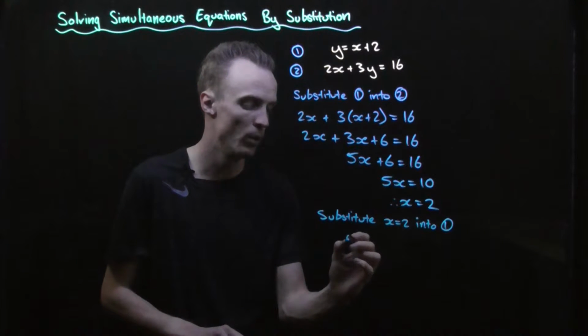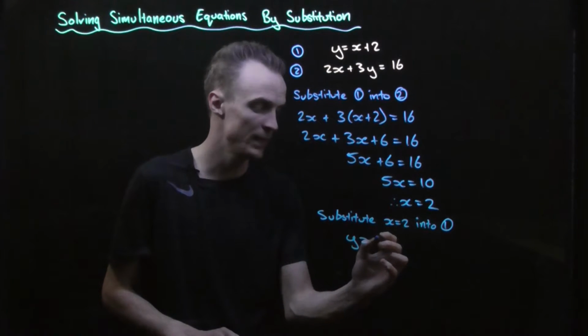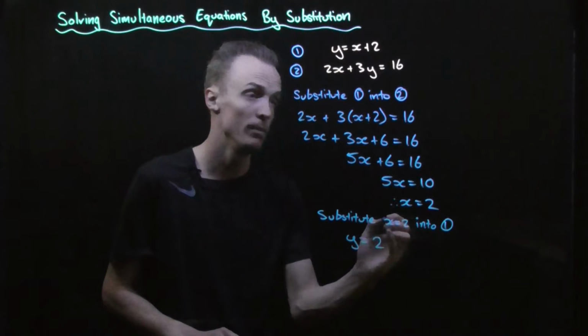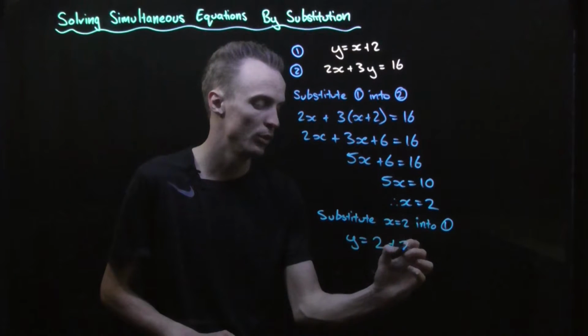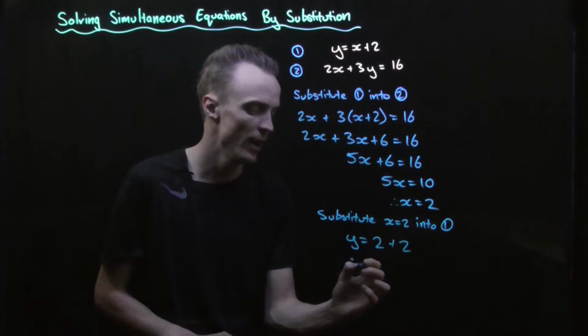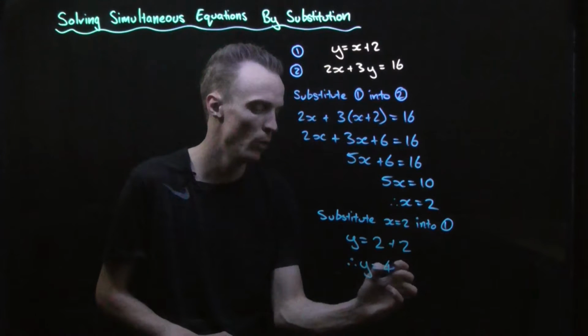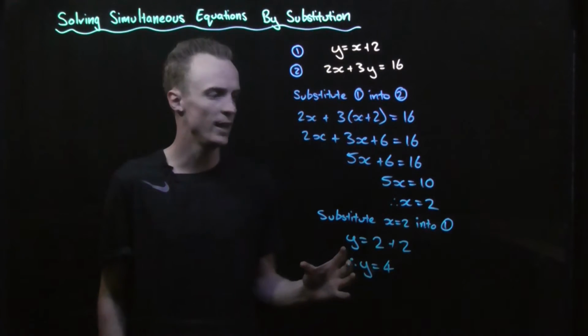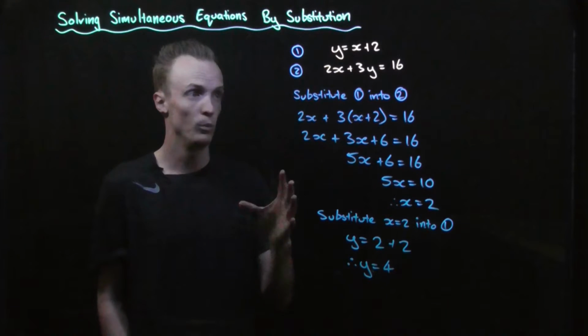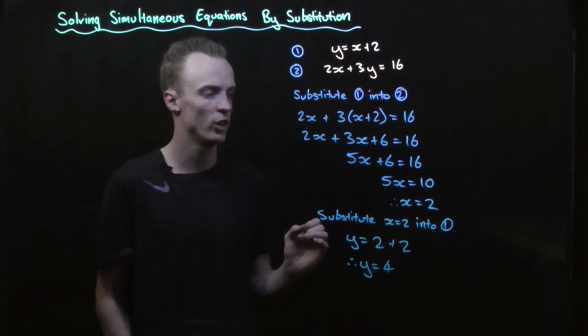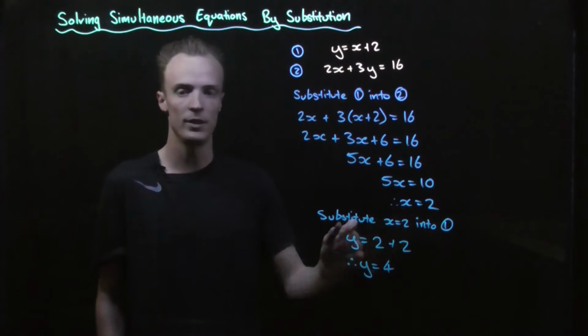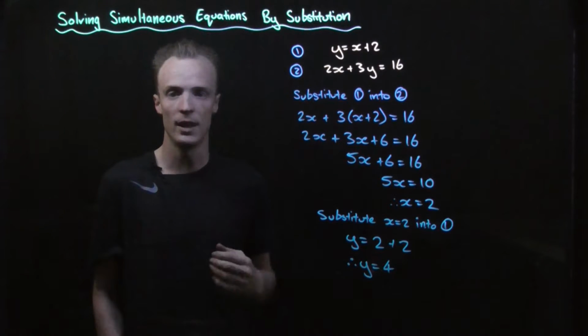So equation 1 was y equals our x value of 2 plus 2. Therefore, our y will equal 4. So we're proposing here that the solution where these two lines intersect with each other is where the x value is equal to 2 and the y value is equal to 4.